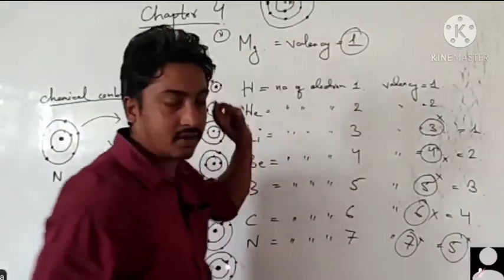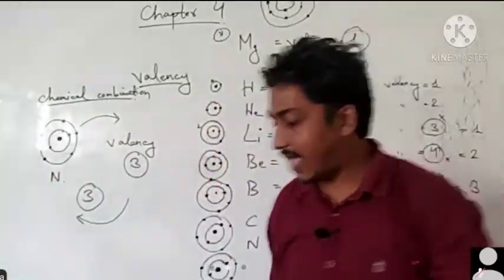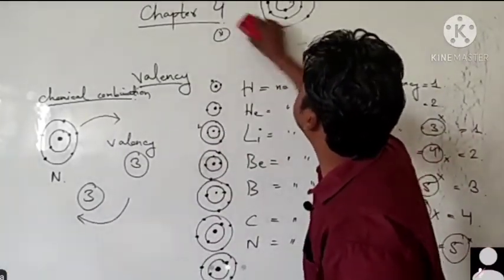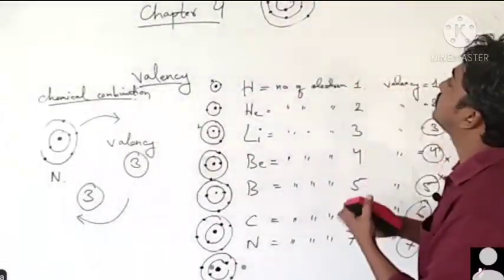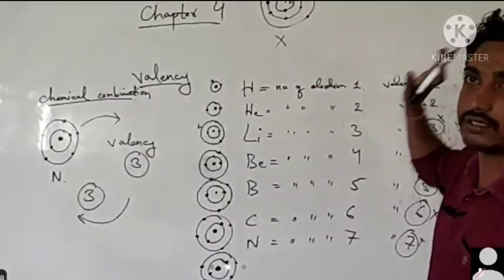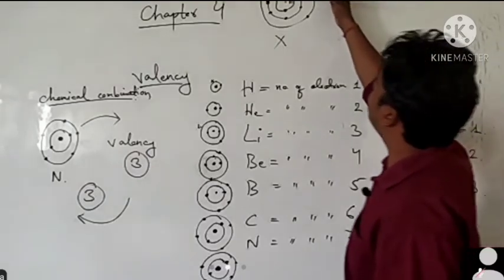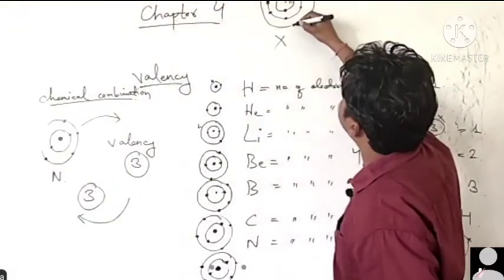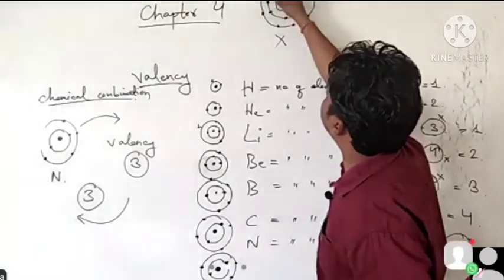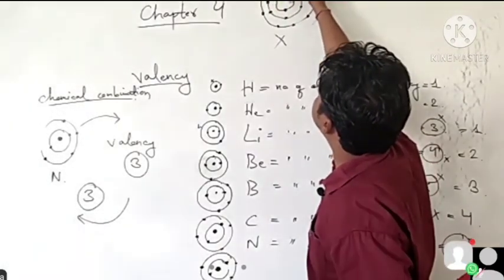Suppose there is an element, say for example X. Suppose it's an unknown element, and again it fulfills 2, 3, 4, 5, 6, 7.